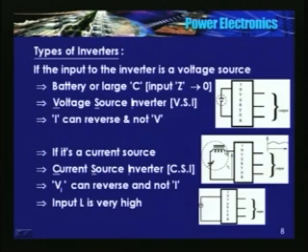But we know that the voltage across a current source can be either positive or negative. Just the opposite of a VSI, voltage source inverter. Here in a VSI current can reverse, not voltage, whereas in a current source inverter, the input voltage to the inverter can reverse, but not the current.